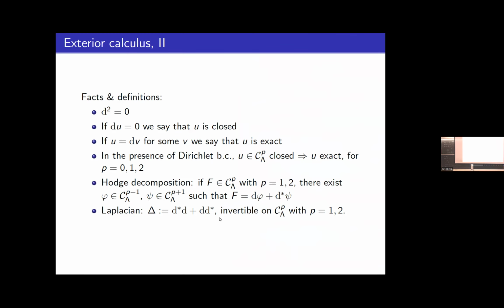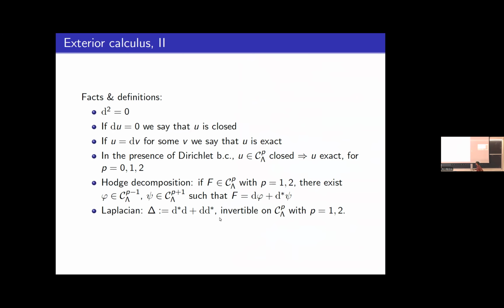Now some standard definitions. If you have a P form U whose differential is zero, one says that U is closed. If you have a P form that is the differential of a P minus 1 form, then we say that U is exact.